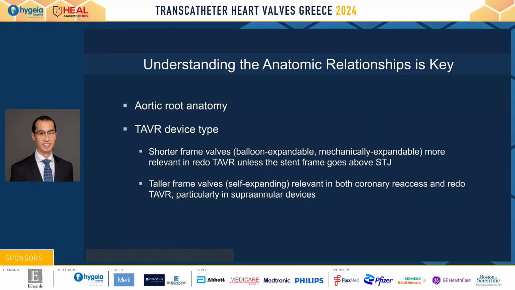So it's really important to understand the aortic root anatomy and the TAVR device. The shorter frame valves will be more relevant in terms of redo TAVR than coronary access. But the taller frame valves, most of them self-expanding valves, will be relevant in both coronary access and redo TAVR, particularly in supraannular devices.